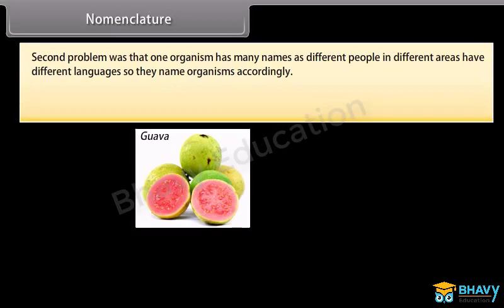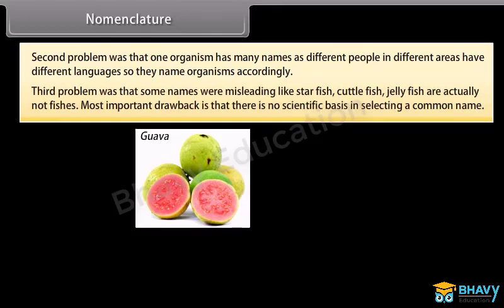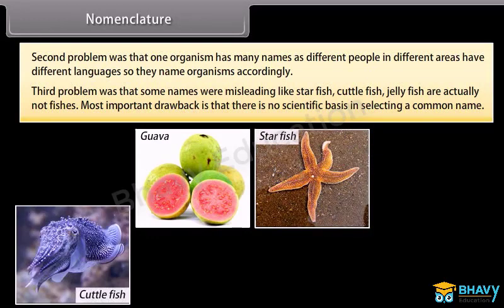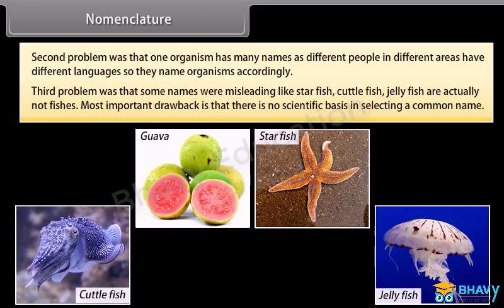Second problem was that one organism has many names, as different people in different areas have different languages, so they name organisms accordingly. Third problem was that some names were misleading, like starfish, cuttlefish, and jellyfish are actually not fishes. Most important drawback is that there is no scientific basis in selecting a common name.